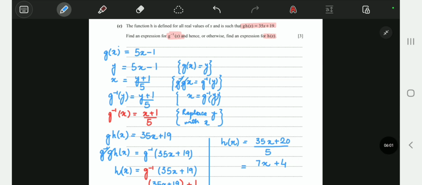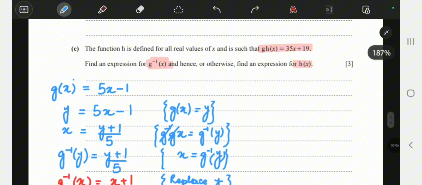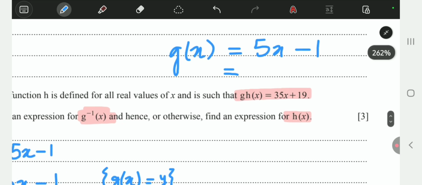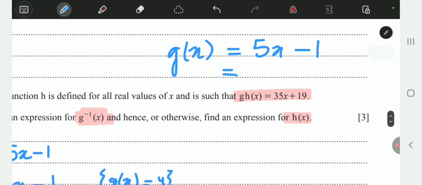We can manually think of it as well, like g h of x is 35x plus 19. We know your g of x to be 5x minus 1. So what could have been added to your x to get 35x? So 5 times 7x obviously, and after subtracting 1 from it, multiplied by 5 and subtracting 1, you will get 19.